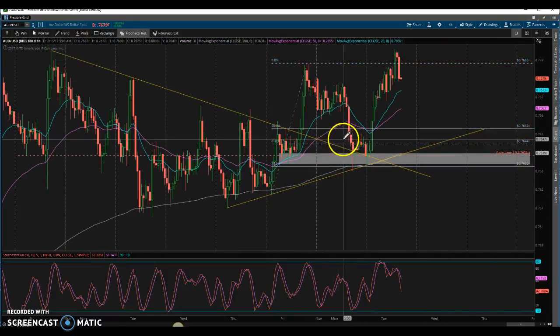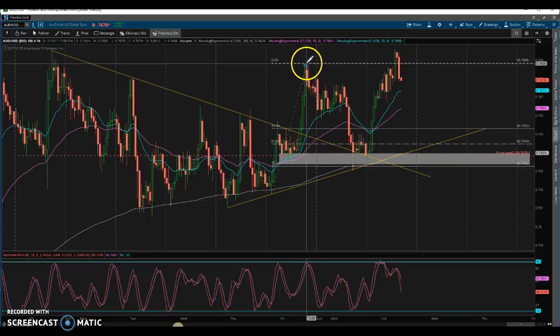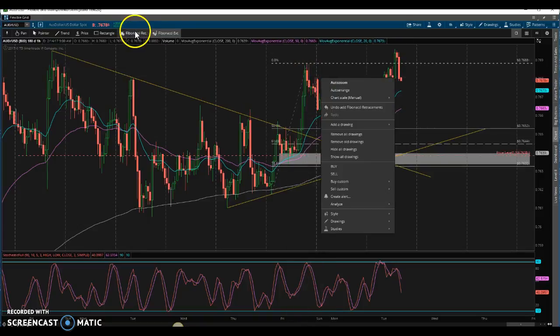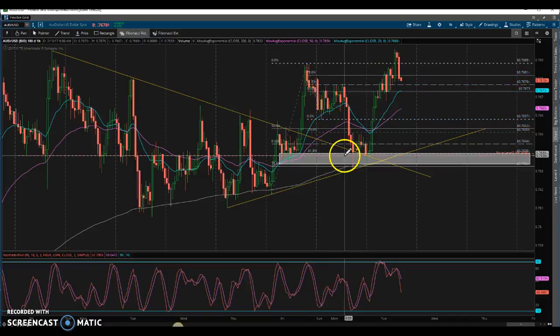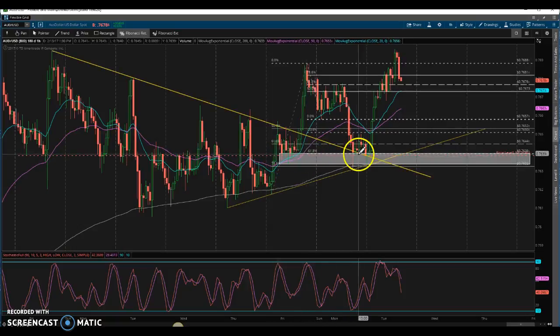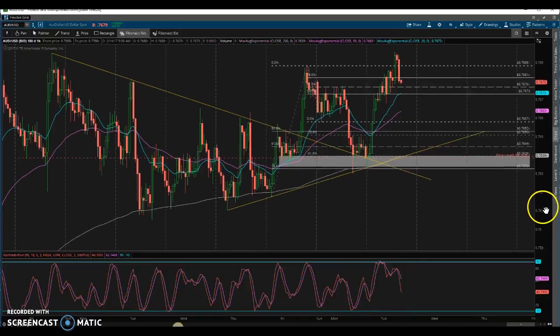It was right in between the 61.8 and the 78.6. We also had a little profit target extension for people who like to fade these types of trades. Right at the top of this little zone was a negative 61.8 profit target that people tend to use.